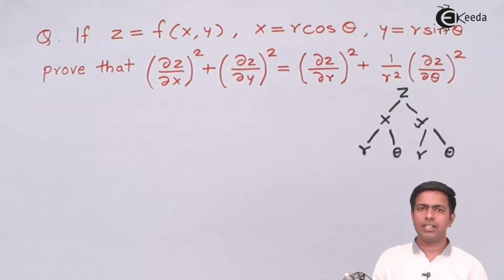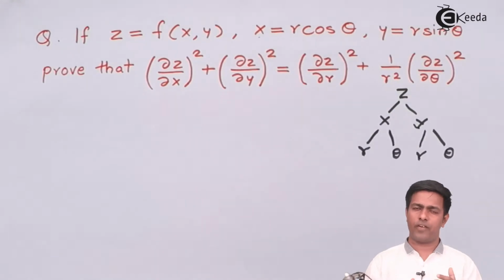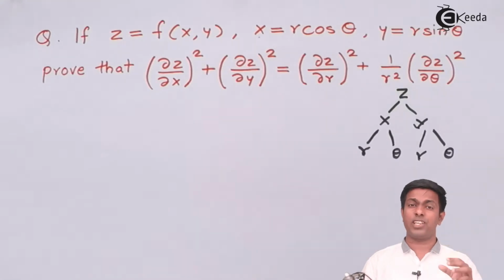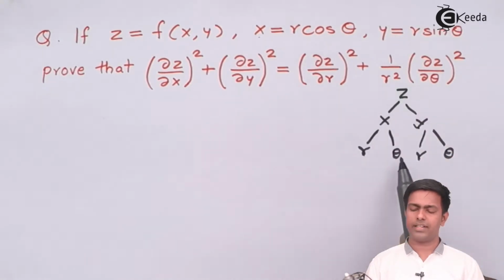So the best thing is to observe the tree diagram. As I told you in the previous video also, whenever we find a partial differentiation in a tree diagram, we always take the differentiation of the dependent variable with respect to the independent variable. So here the dependent variable is z and the independent variables are r and theta.